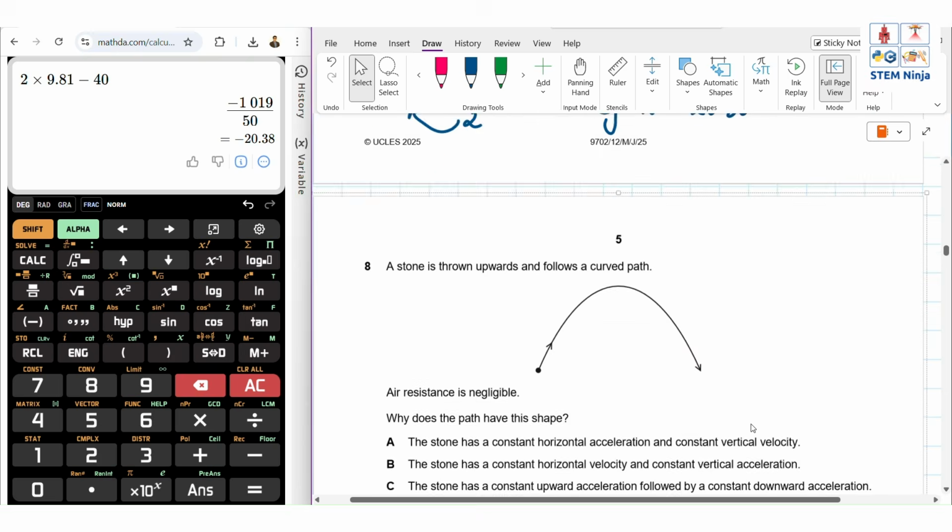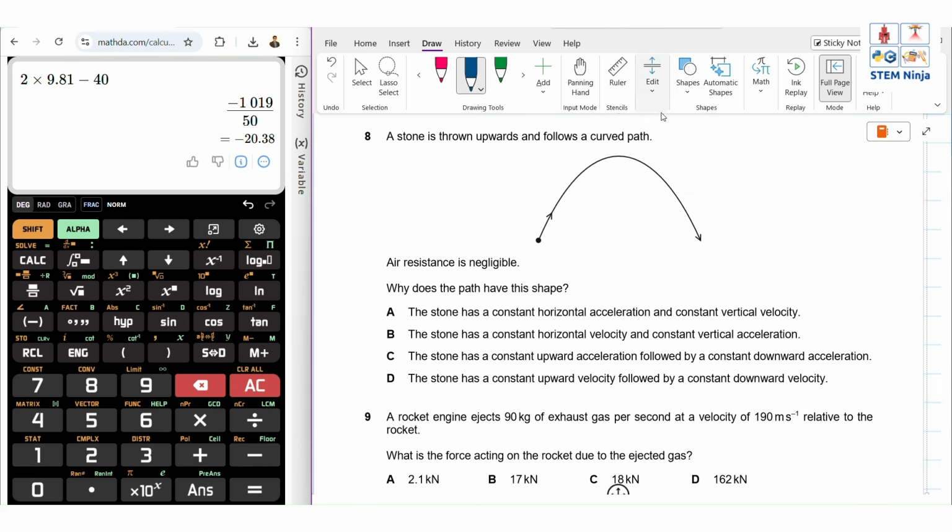Okay. A stone is thrown upwards and follows a curved path. Air resistance is negligible. Why does the path have this shape? Stone has a constant horizontal acceleration and constant vertical velocity. Now, what it does have is, let's write over here.